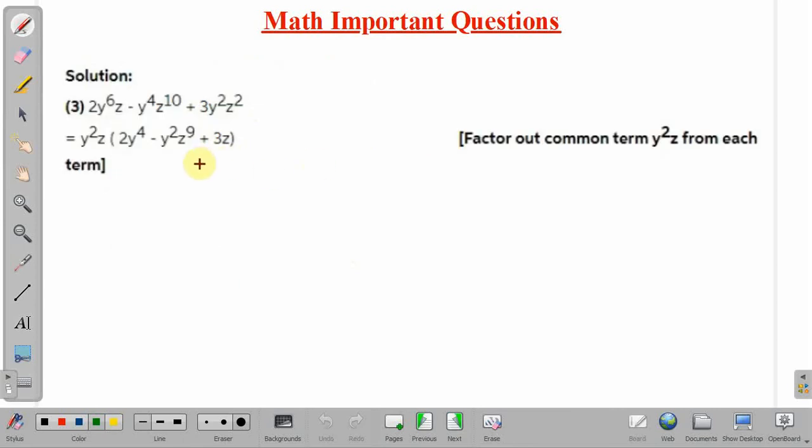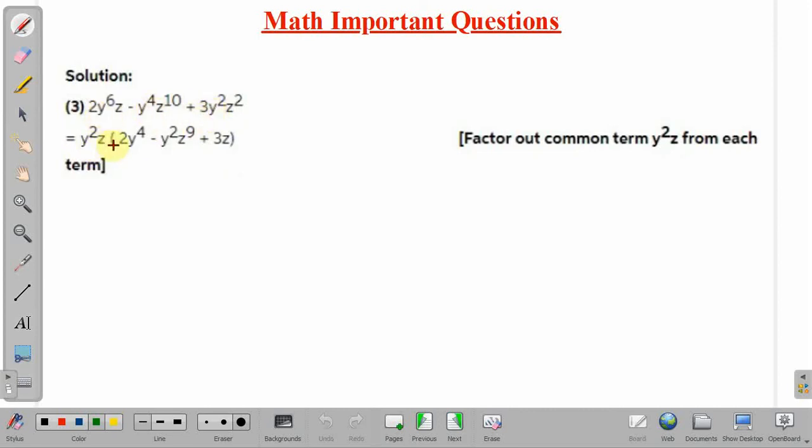So coming to question number 3, it is given 2y raised to the power 6z minus y raised to the power 4z raised to the power 10 plus 3y raised to the power 2 and z raised to the power 2. If we see all these three expressions, they have common y square z, which is the HCF of all three.